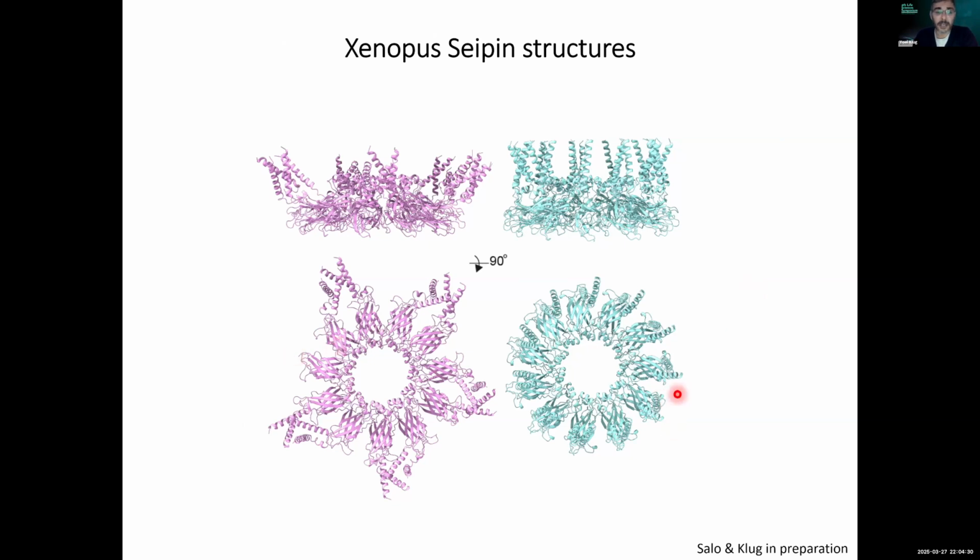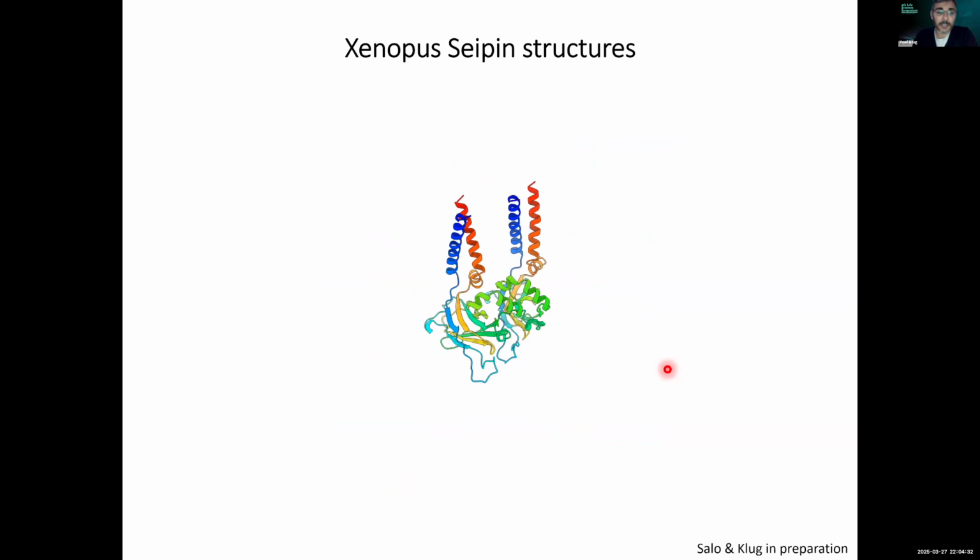And just to get you on track of what's going on here, if we look at this movie, this morph, you can see that the only thing that's changing here are these small linker regions between the transmembrane regions and the luminal domain. And I can tell you that in yeast and in human and in Xenopus, these linker regions are really important for lipid droplet formation. So any sapien you choose, they all need these linker regions to be flexible and to be able to open up.